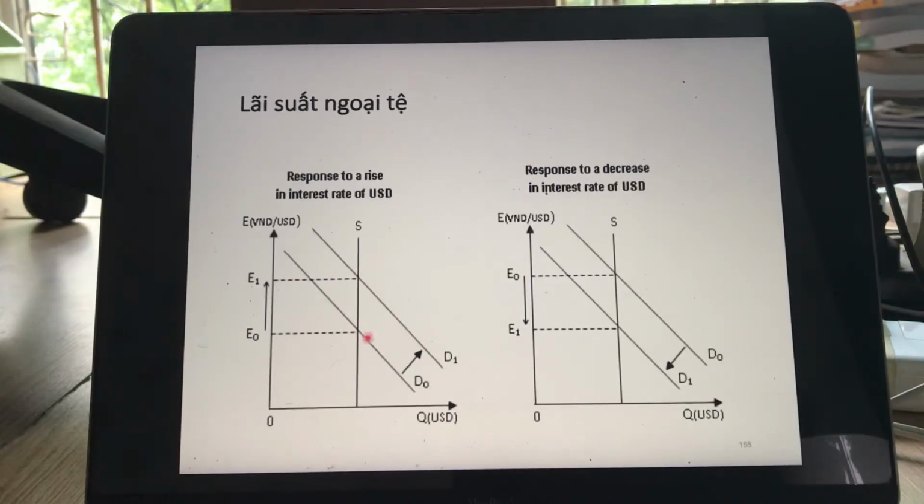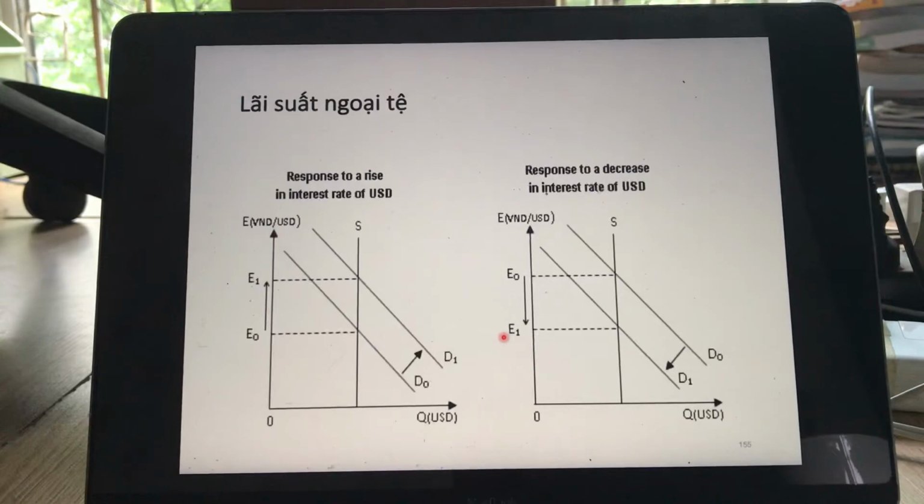So it shifts the demand curve to the right, and it raises the exchange rate. And the last one, when the interest rate of the USD decreases, Vietnamese people prefer fewer foreign assets, and it shifts the demand curve to the left. It reduces the exchange rate.